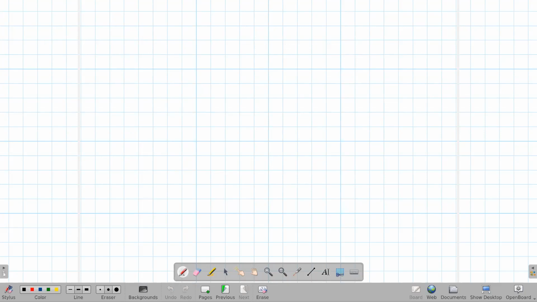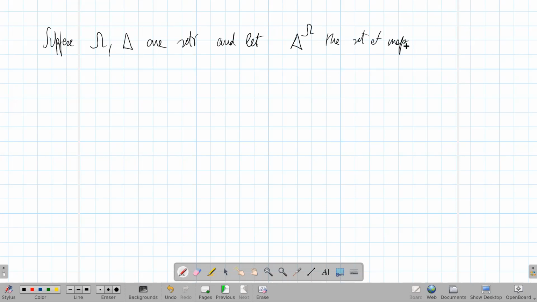Suppose omega and delta are sets. I normally do this argument in group theory, but let me repeat it. And let delta to the omega, this should be a standard notation, be the set of maps from omega to delta, okay?